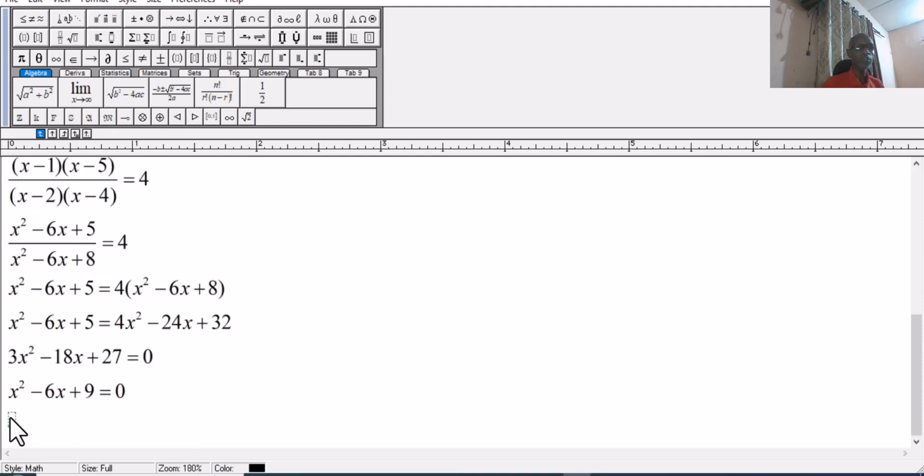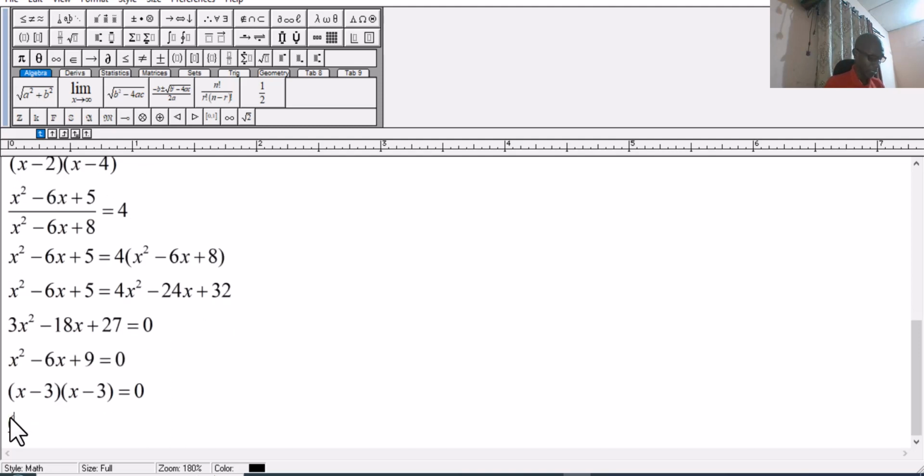By the time you factorize this, this will give us x minus 3, x minus 3 equals 0. So x equals 3.